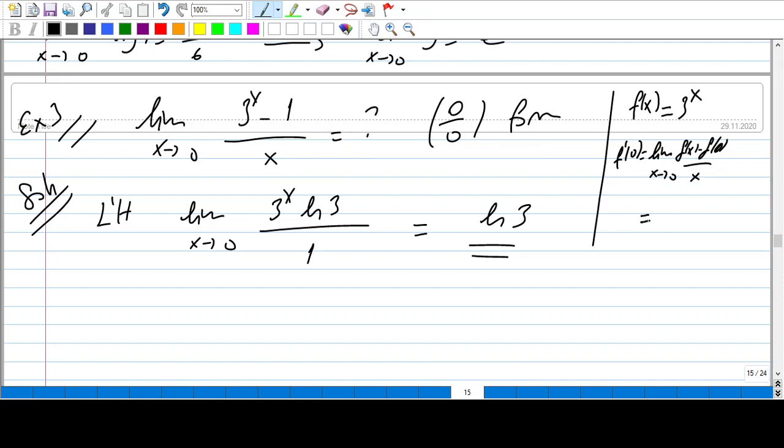So it will be of the form limit x to 0 of 3 to the power x minus 1 over x, and this is the same as taking the derivative of f at point 0, so it is ln 3. But the L'Hopital solution is much easier than this one.